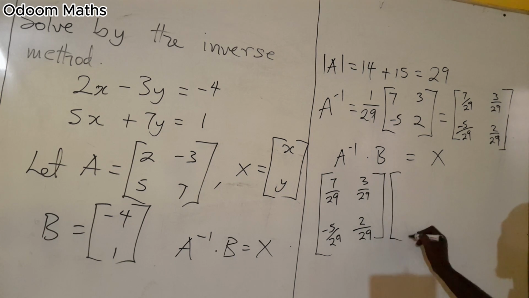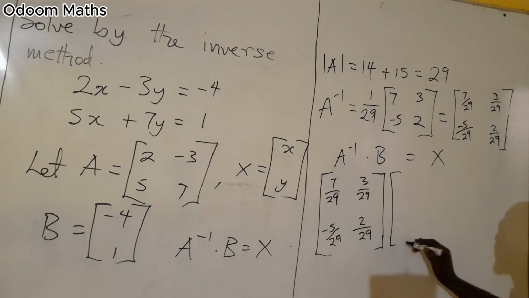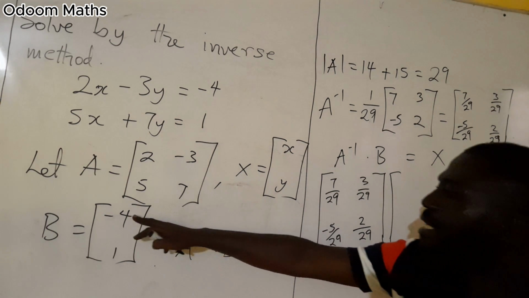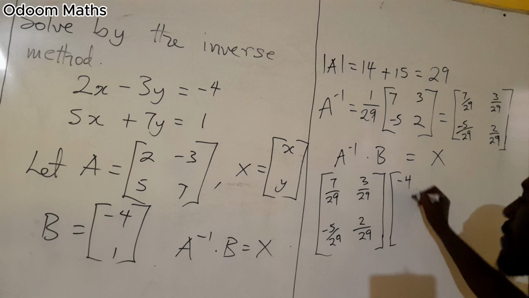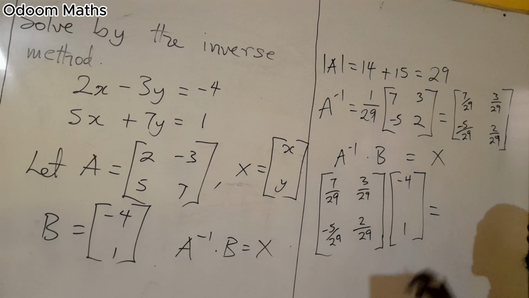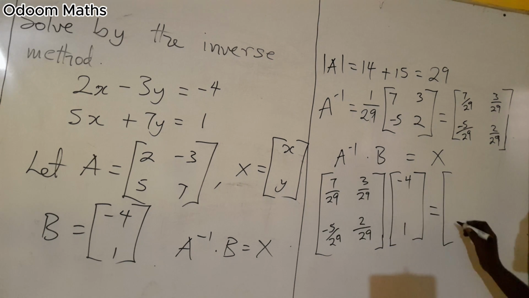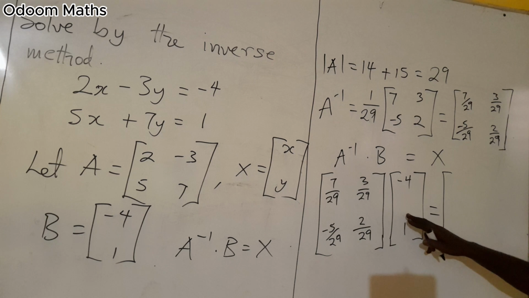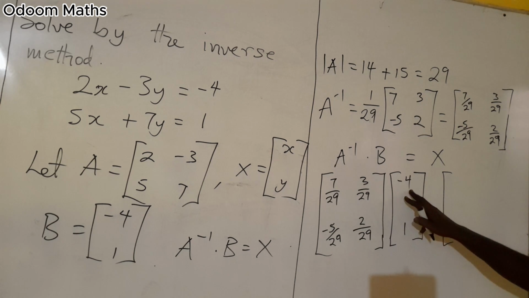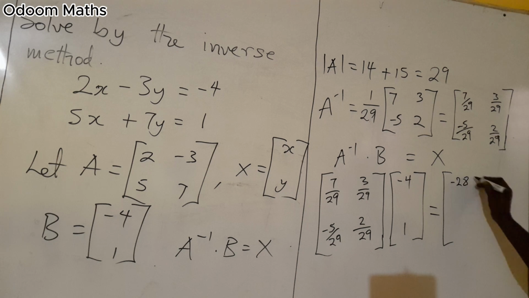So this is going to multiply the matrix B, which is negative 4, 1. Okay, so we are multiplying 7 over 29 times negative 4. So 7 over 29 times negative 4 is negative 28 over 29.